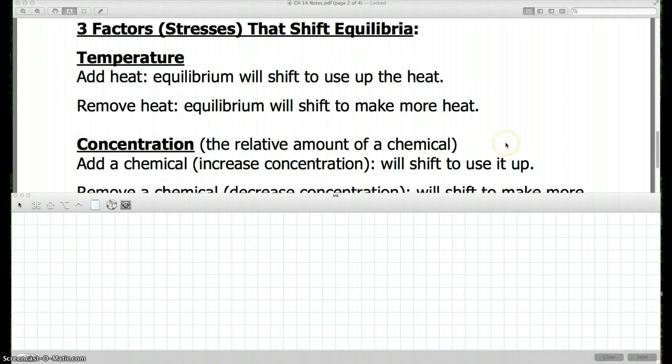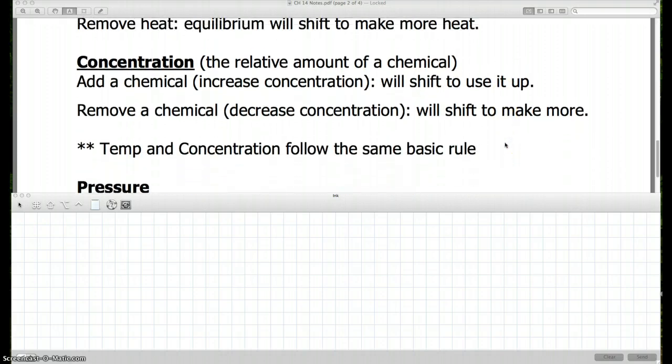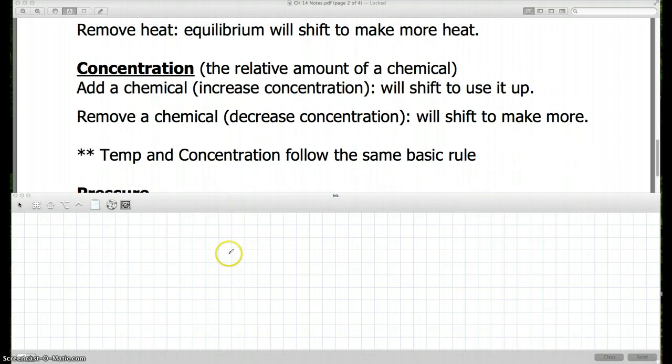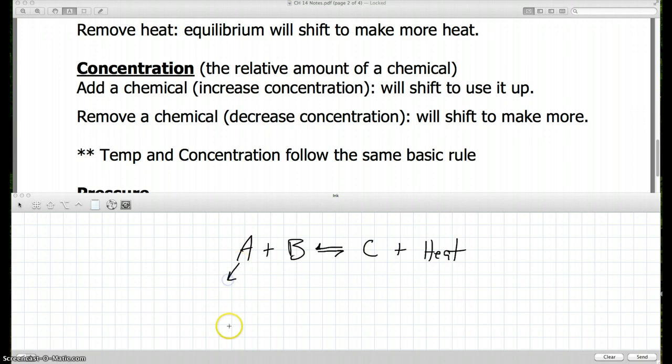That also works for chemicals. So let's say, again, chemical A plus chemical B in equilibrium with C and heat. If I remove some of chemical A, if I somehow go into this container and pull some chemical A out, well, it was happy before I did that.